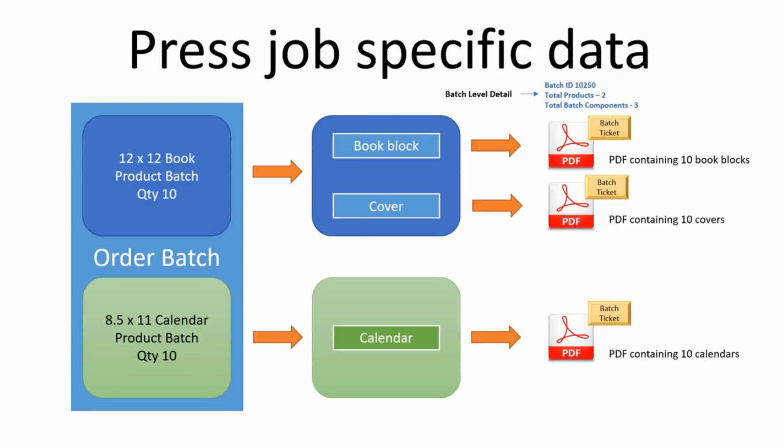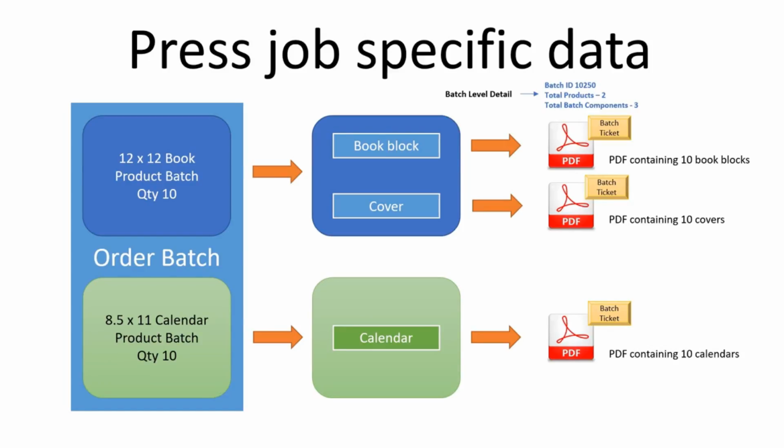In most production environments, the batch ticket will typically be on the top of the stack. So if we have our 3 stacks of paper in front of us, one each for the calendar, the book block, and the cover, we can start to imagine that some of the data on each of these batch tickets should only be applicable to the items contained in that stack.